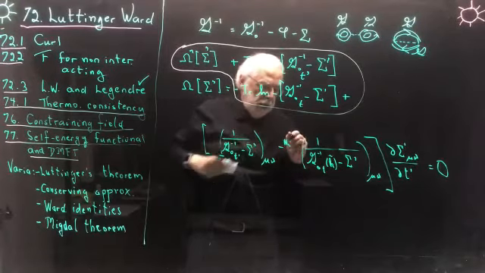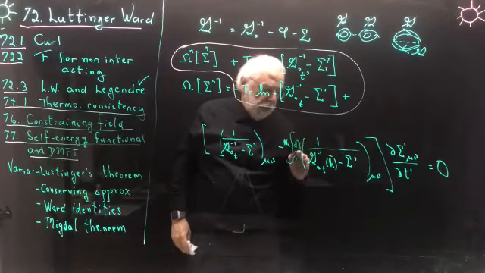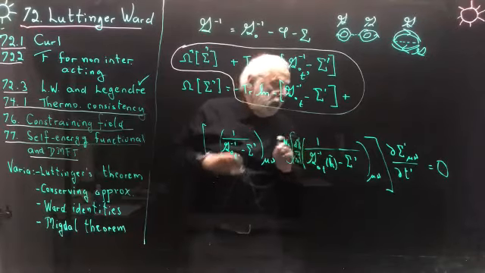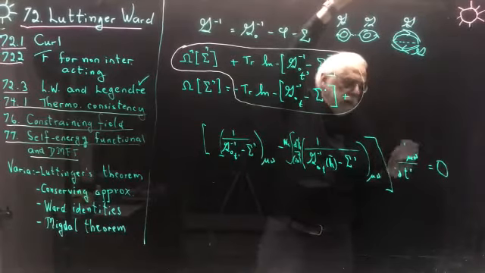So this becomes an integral in whatever dimensions you are, okay? That's d^dk over (2π)^d. And now all the components have to be equal to 0.